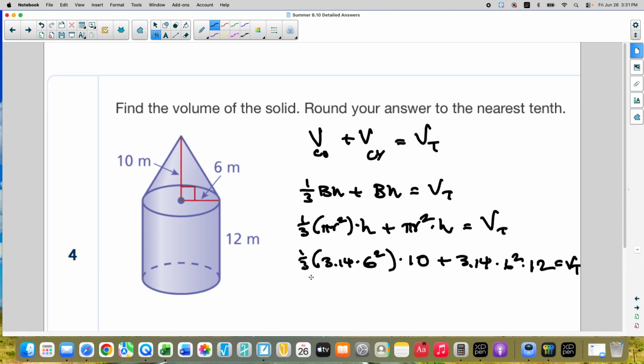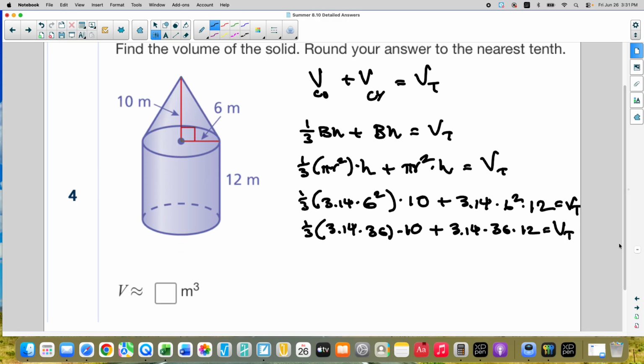So that is 1/3 times 3.14 times 36 times 10 plus 3.14 times 36 times 12 equals total volume.